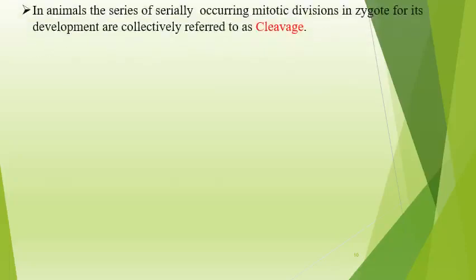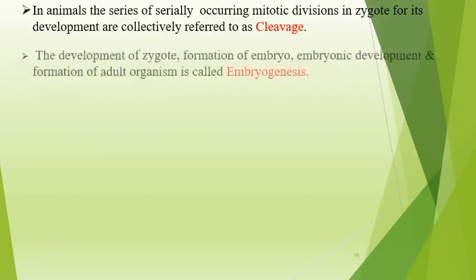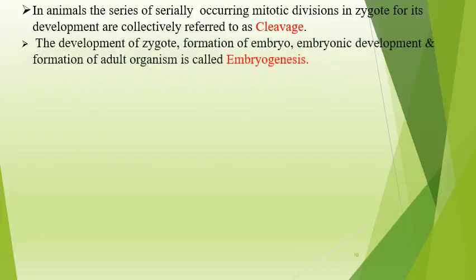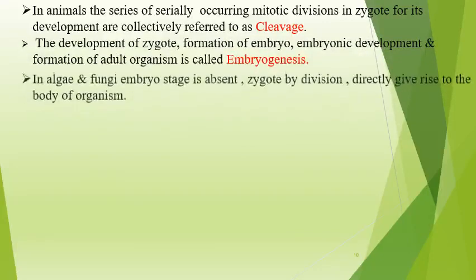During the post-fertilization events, in some animals, the series of serially occurring mitotic divisions in the zygote for its development are collectively referred to as cleavage. And the development of the zygote, formation of the embryo, embryonic development, and formation of the adult organism is called embryogenesis.